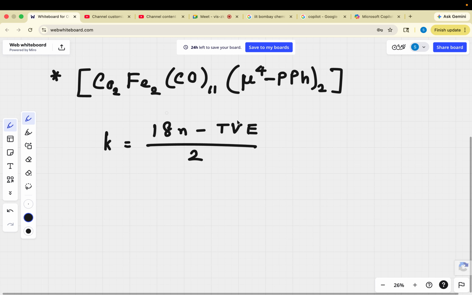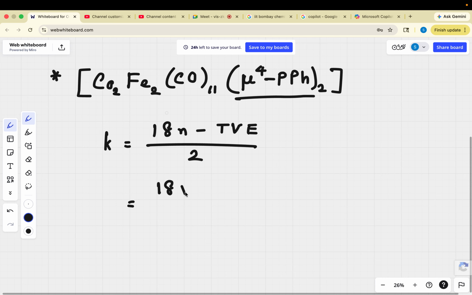Tell me this: mu4-PPh, this ligand donates how many electrons? 8 electrons. So correct. Then where are you making the mistake? How many metal centers do you have here? How many metal atoms do you have?